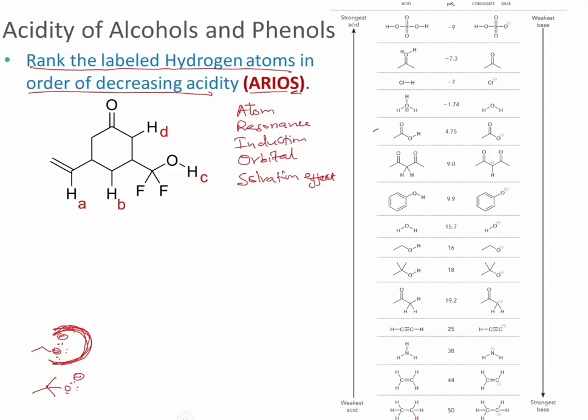Or if we are to use a solvent to stabilize the tert butoxide, then the problem is these methyl groups, they're not going to allow water to penetrate and be able to stabilize the charge. So only a small amount of the water will be able to have access to this other portion. So it's going to be less stabilized by the solvent.